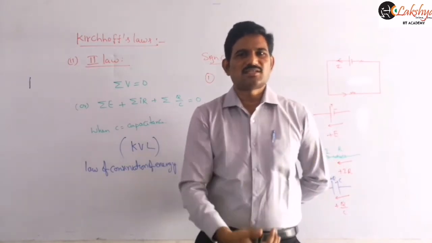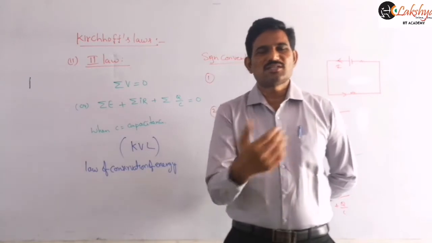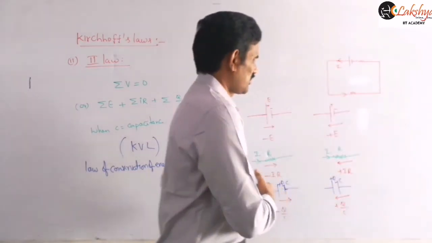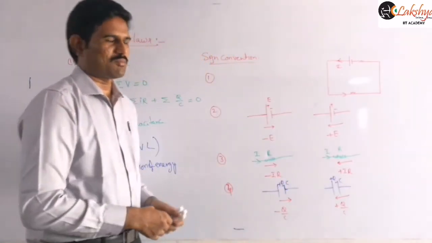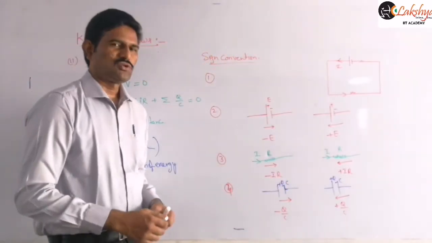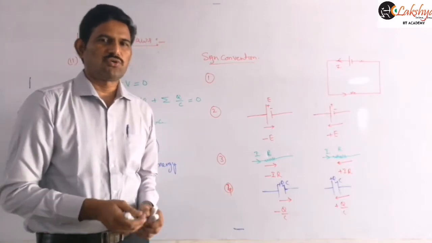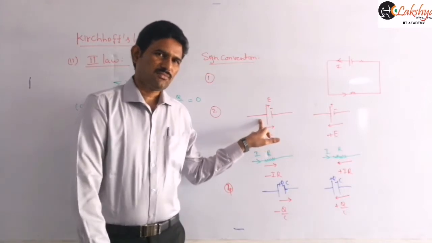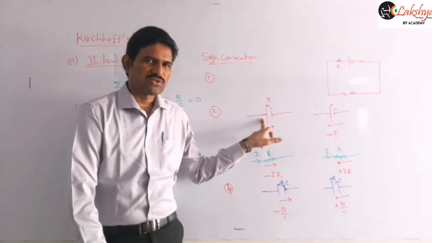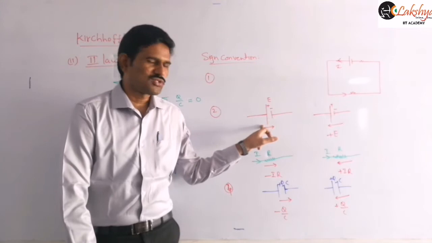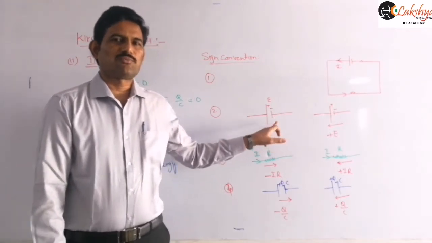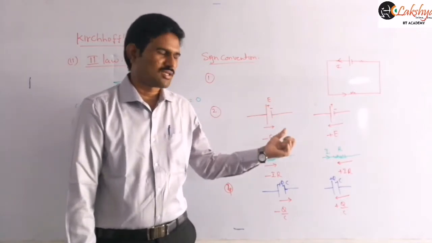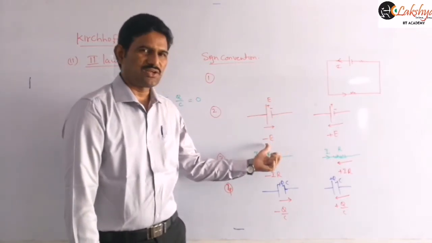That means potential is decreasing, and the decrease in potential is represented with the negative sign, whether it is a resistance, a cell or a capacitor. In case of a battery, the positive plate is at high potential. Traveling from the positive plate to the negative plate means traveling from high potential to low potential, so potential is decreasing, and we represent that decrease with the negative sign.